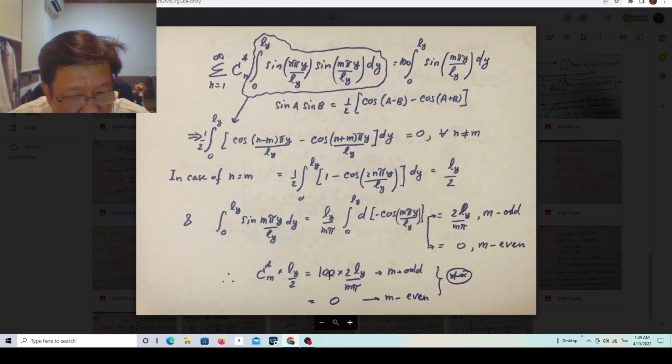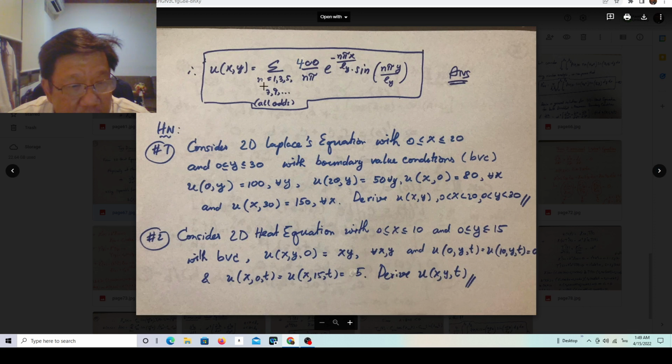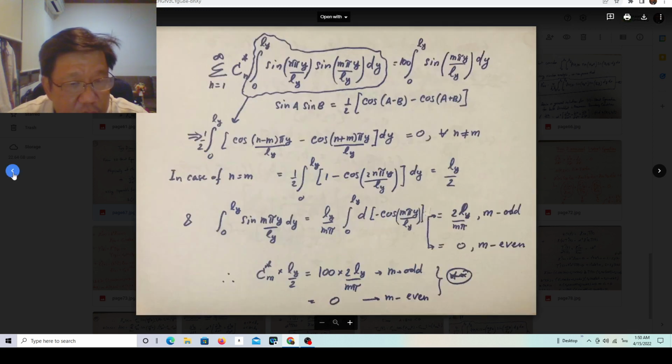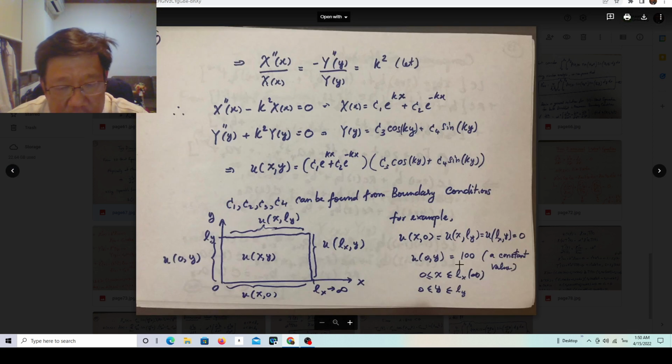When you move the 2 over here, you get 4 times 100, which is 400 divided by m times pi. Therefore, when you substitute here, you change m to n. Here you get 400. And this is the resulting non-trivial general solution for this example, based on this boundary condition.